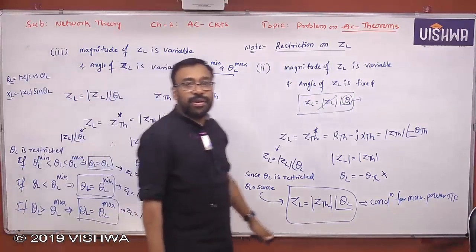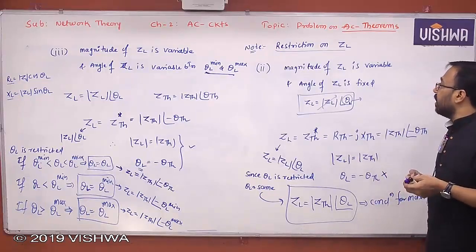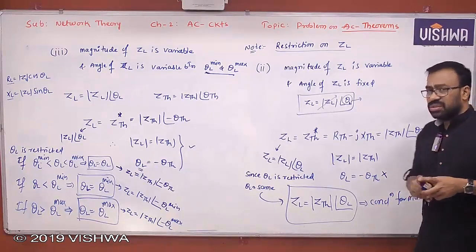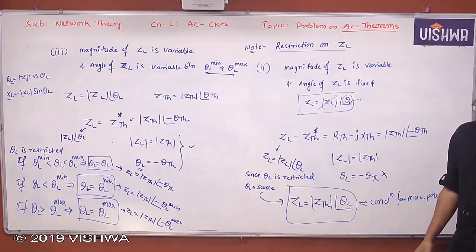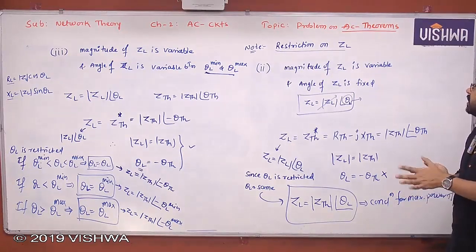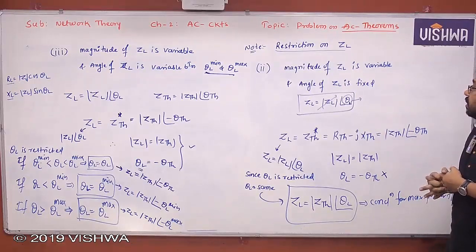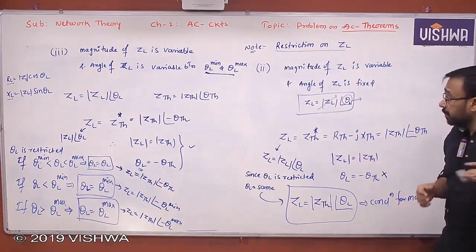You understand all of you? So this is how you can handle problems when you have restrictions on ZL. These are the different varieties of problems that we can come across. Then we will switch over to problems on the same maximum power transfer theorem, with restrictions and without restrictions. So please do that.